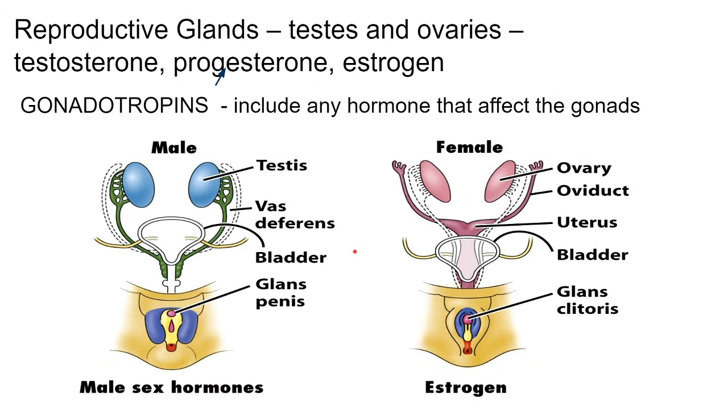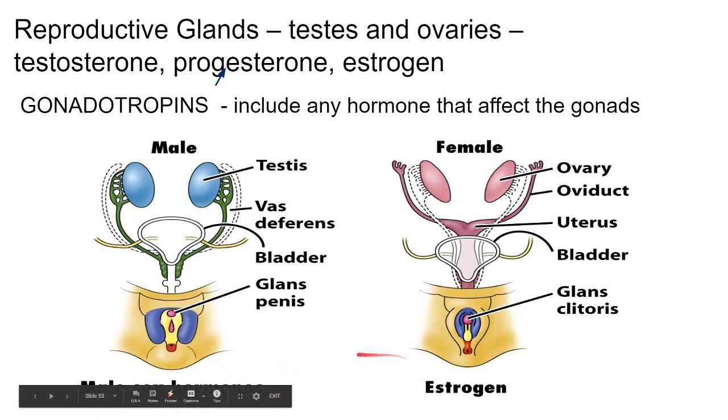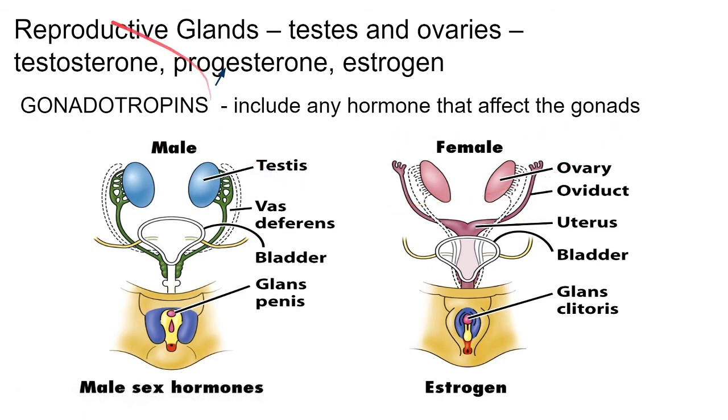Your reproductive glands, your testes and your ovaries. You have testosterone, which is in men, and then progesterone and estrogen, which are in women. Gonadotropins include any hormone that affects the gonads. So all of these are gonadotropins because they affect the gonads, or ovaries or testes.